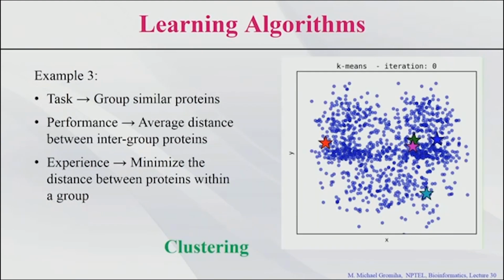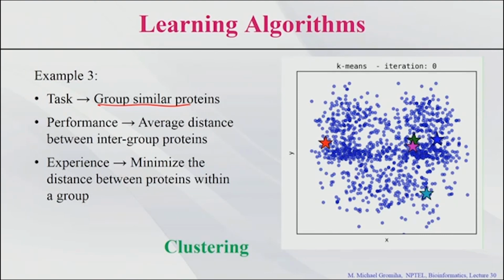So, let us take example 3. If you take many proteins of similar types, the task is to group similar proteins. How do we classify the similar types of proteins? How to assess the performance? You can look at the average distance between proteins within a group, and that should be minimum. If you see this one, this group is the best fit, because within the group the difference is less, and if we go to another group the difference is more.